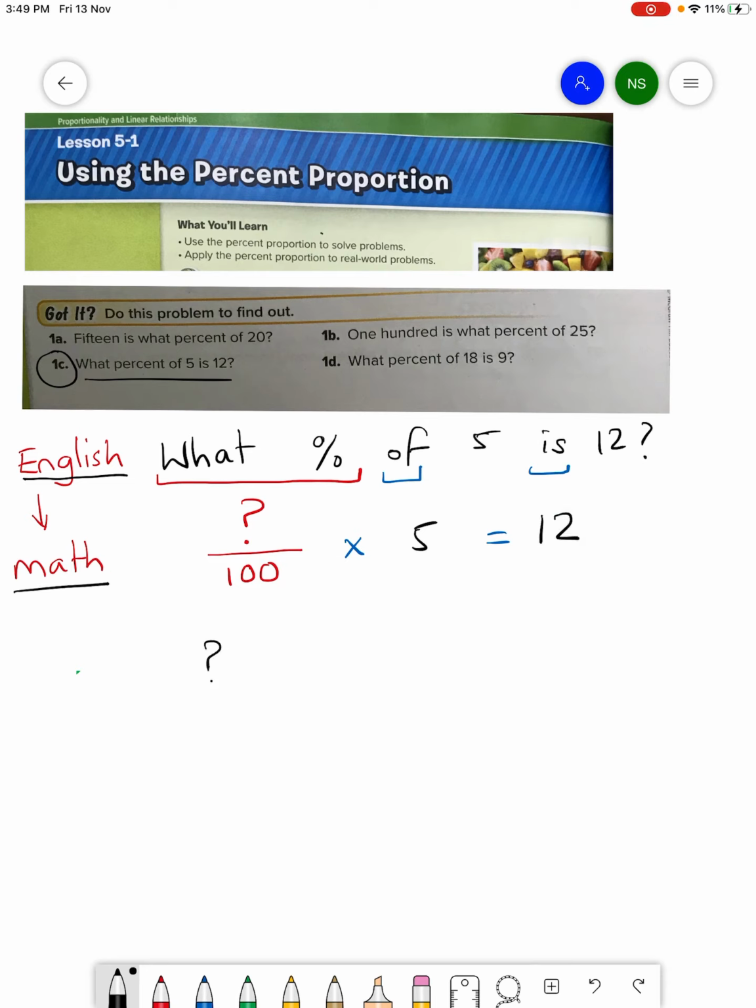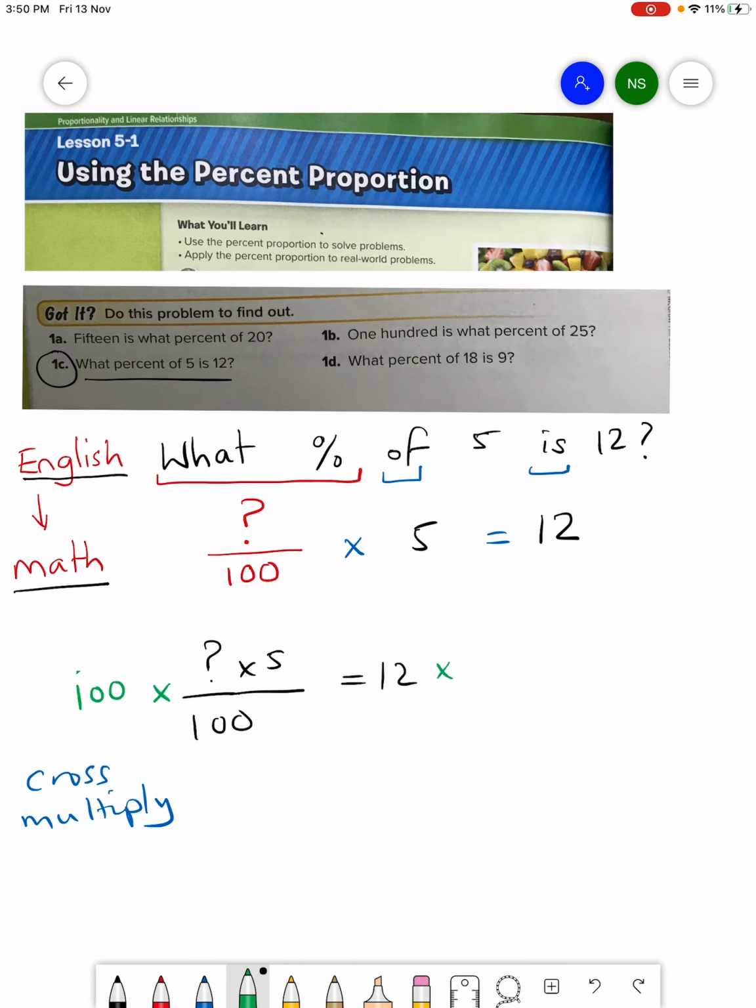So that's what it is if you're talking about maths. So we have what percent, question mark, times 5 divided by 100 is 12. We will now cross multiply. I'll show you this first time. To get rid of the 100 at the bottom, I'm going to multiply by 100 on both sides. So they cancel here and the 100 reappears on the other side.